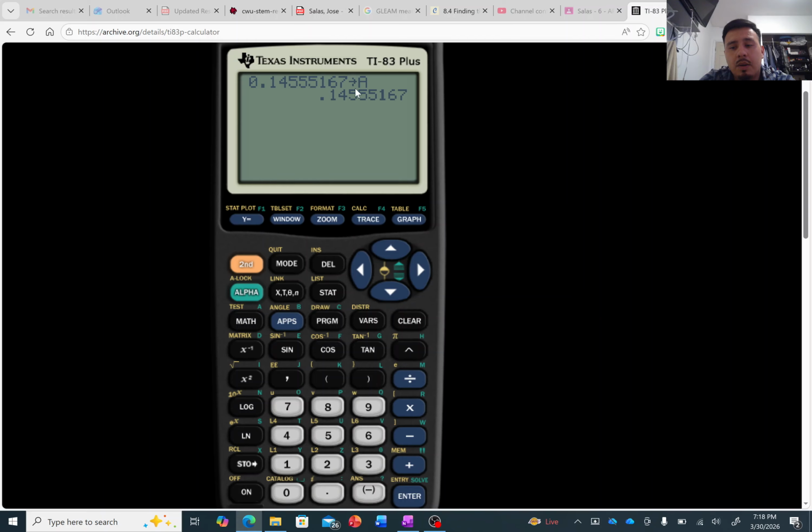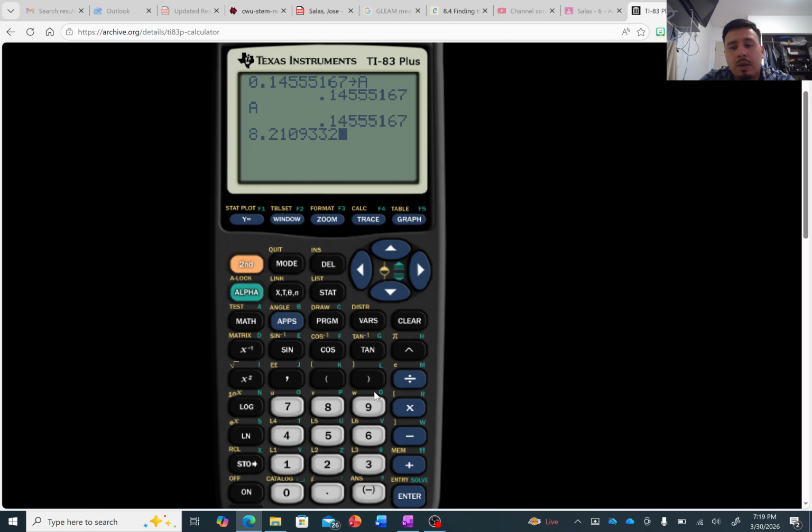So every time I type in an A, it's going to be this value. Now let's test this out. Alpha A, hit enter. Boom, it gives me the same value. Perfect. Let's do the same thing for B. I type in my next value, 8.2109332.